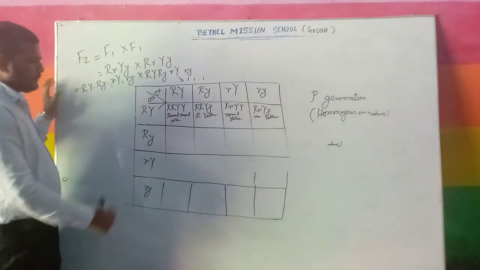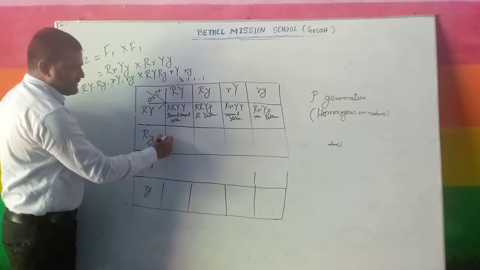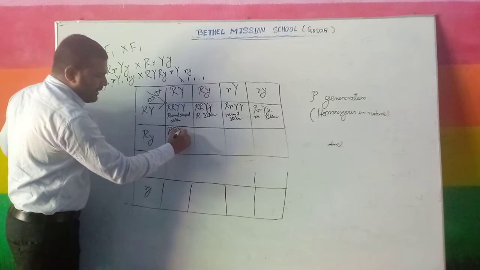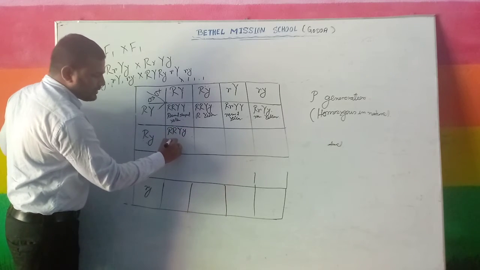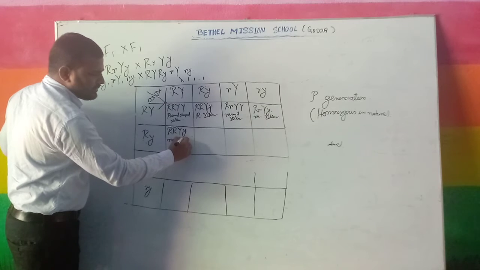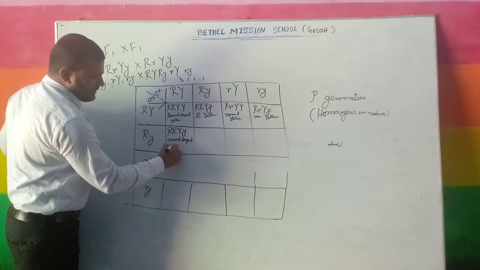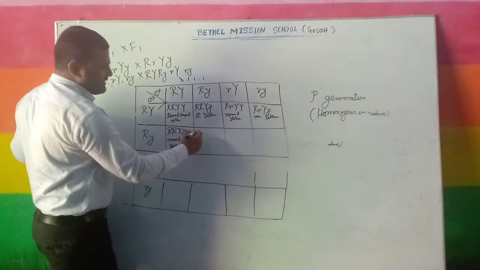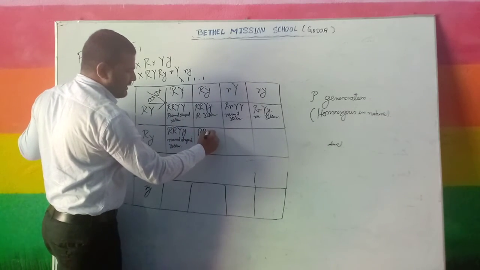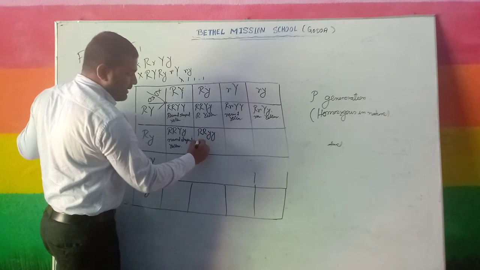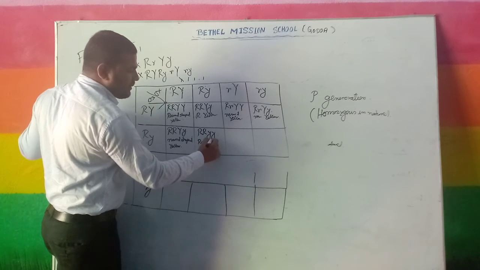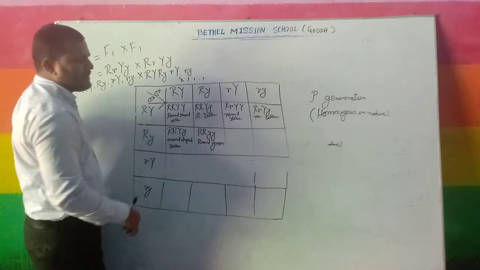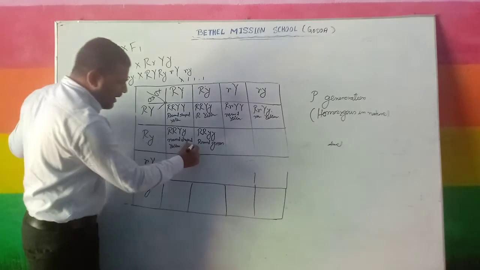Thus in the second row, these are going to fertilize this, producing capital R, capital Y, small y. These are also producing the round shaped yellow colored seed. These are going to fertilize this one: capital R, small y, small y. These are round shaped, but small y, small y codes for the green color. So round shaped green colored seed. This is the first variety.